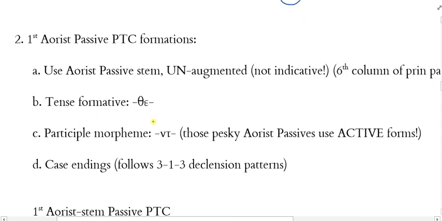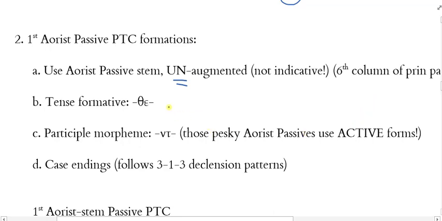So we're going to see something similar here. So how do we form the first aorist passive participle? First thing is to use the aorist passive stem. But again, since we're not in the indicative mood here, they are unaugmented. And it's a different principal part. It's not the third principal part. It is the sixth principal part in your principal parts list.